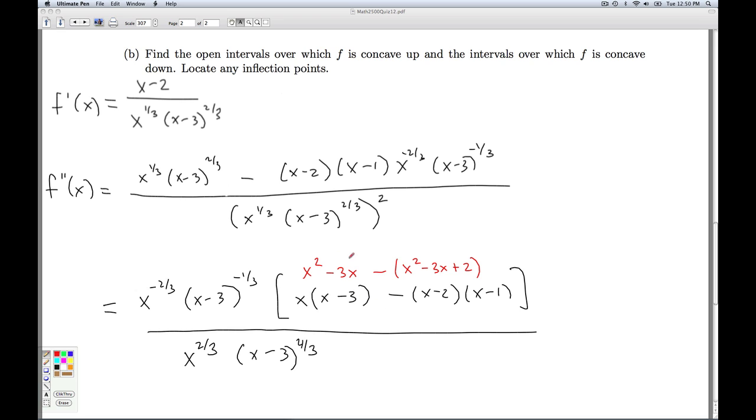And so I have an x squared minus an x squared. That's going to kill that off. I've got a minus 3x minus a negative 3x. That kills that off. So that numerator is just going to be negative 2. And the denominator, well, this is going to go down there. x to the 2/3 times x to the 2/3 is x to the 4/3. This will go down here, x minus 3 then to the 5/3. All right, so that's the second derivative.